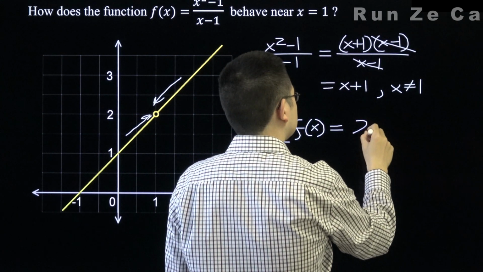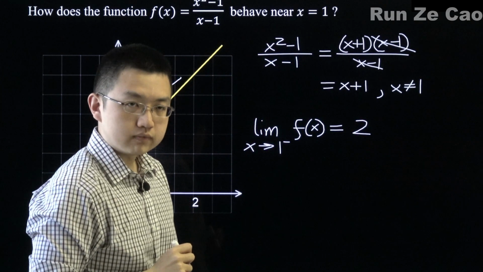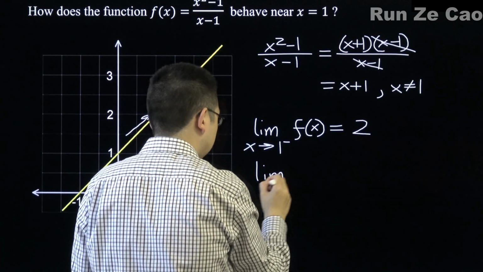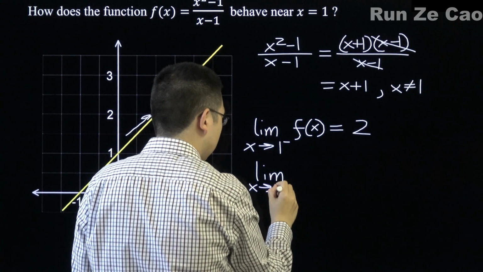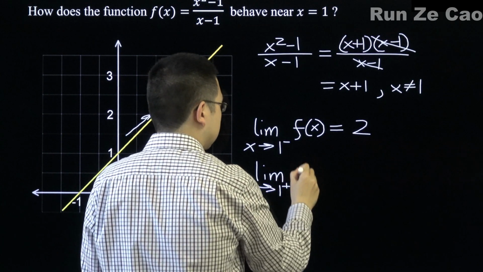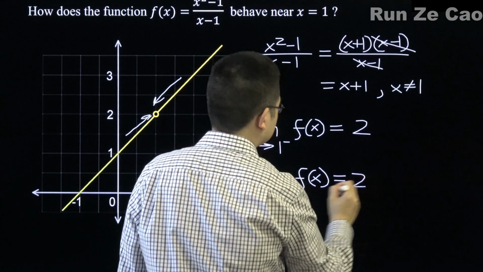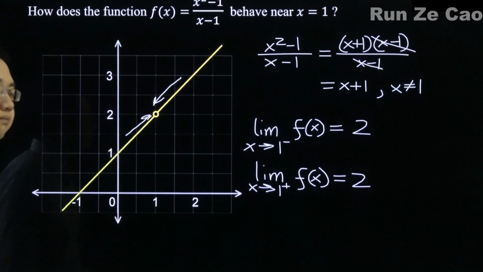Or infinitely close to 2. So 2. And the limit as x approaches 1 from the positive direction of f of x is also 2, as we can see here.